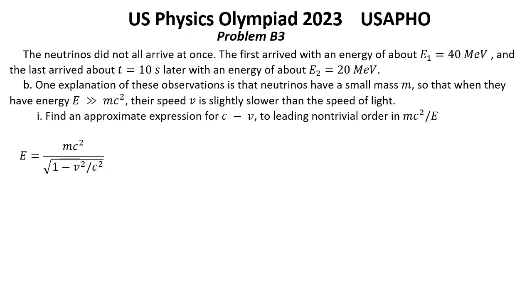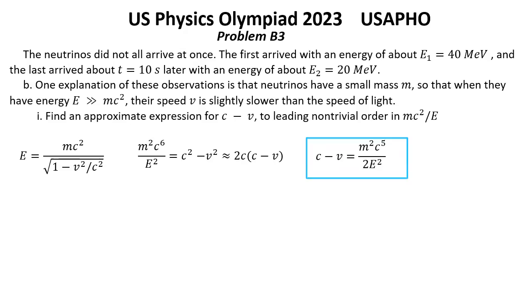We can rewrite it in the form m²c⁶ over E² equal to c² minus v², and the latter is approximately 2c multiplied by (c minus v), because v is very close to c. From here we find that c minus v is approximately m²c⁵ over 2E². That was the solution for the first question in part B.